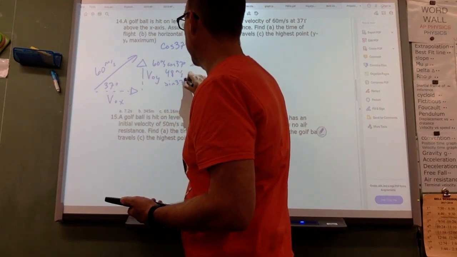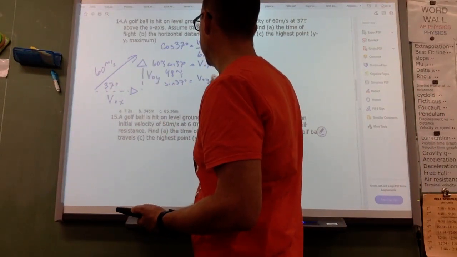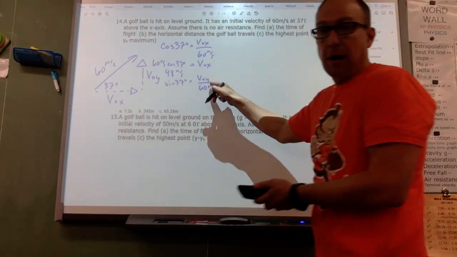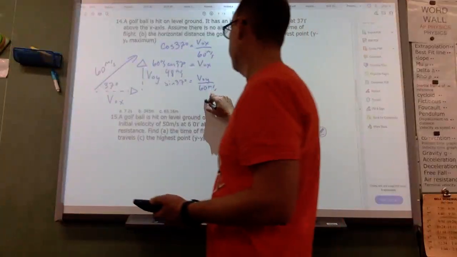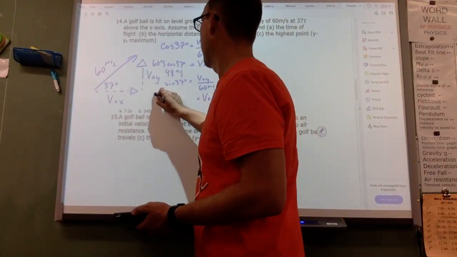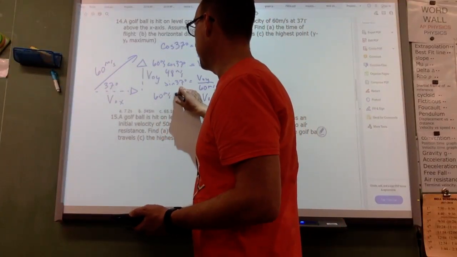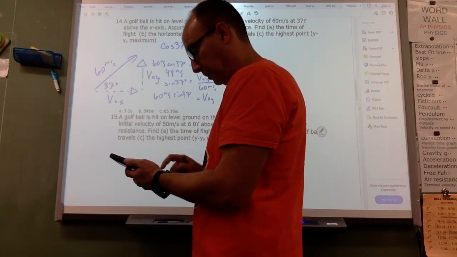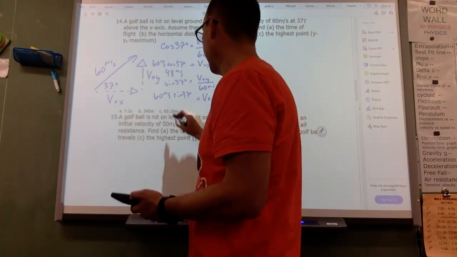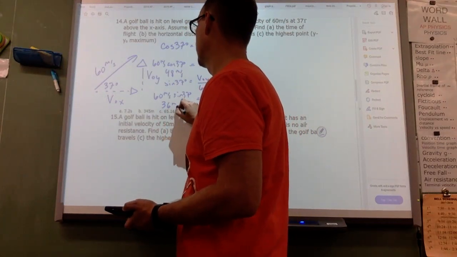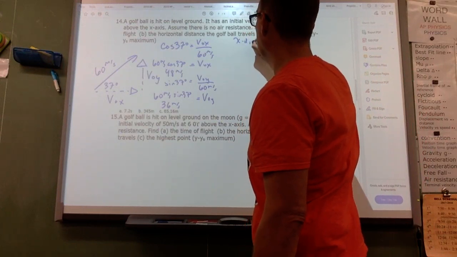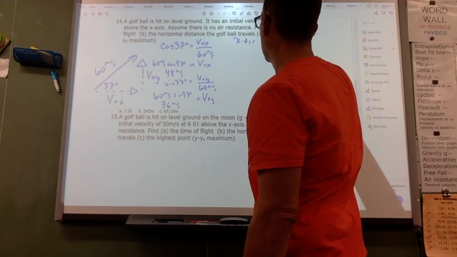In the y direction, I'm going to use sine, and sine of 37 is going to be v naught y over 60. So v naught y is going to be 60 sine of 37. And I get 36.